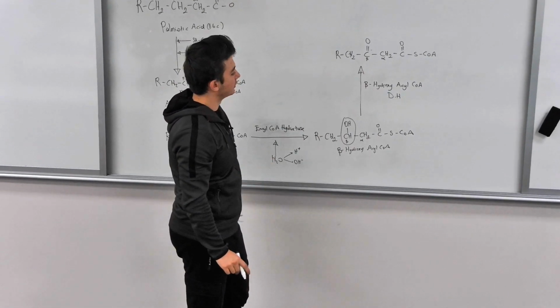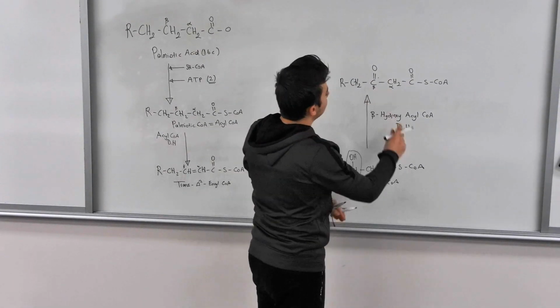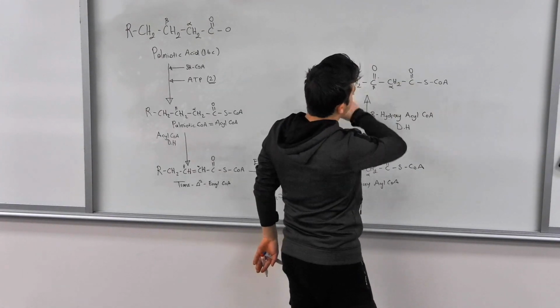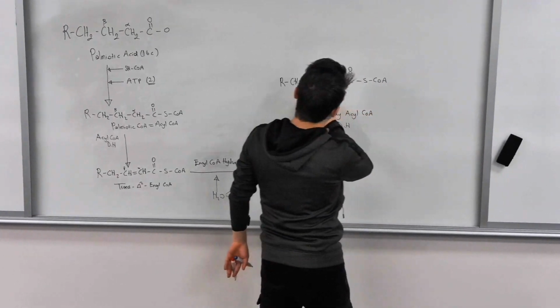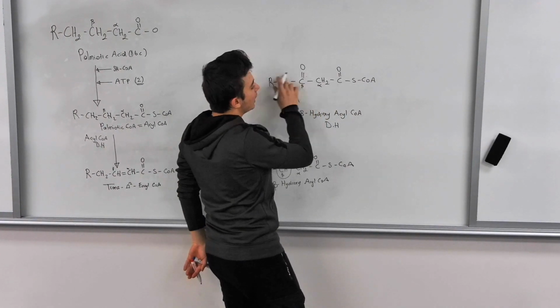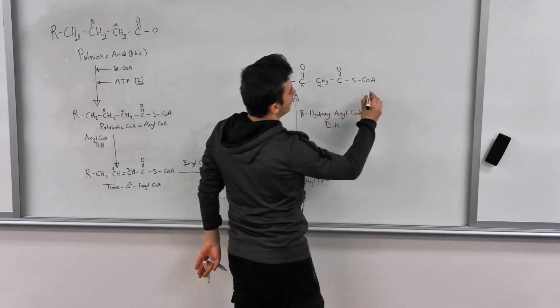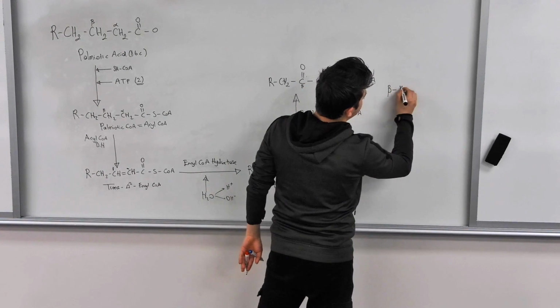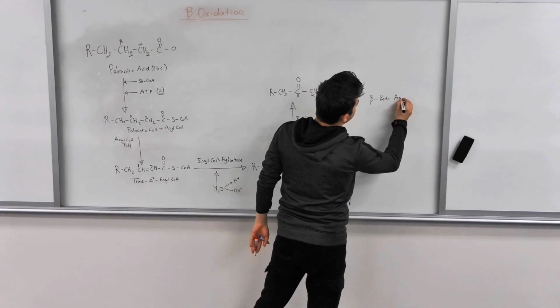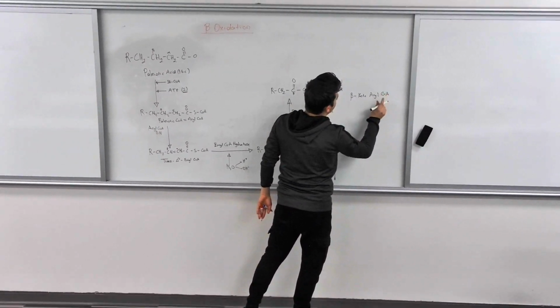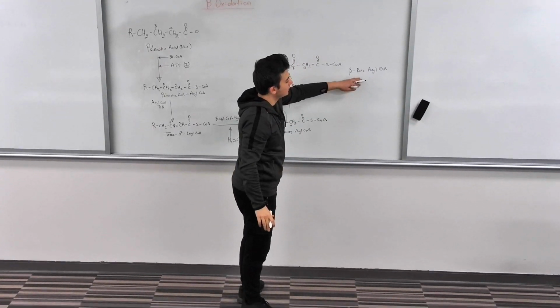You got this point, right? Okay. And the name of this molecule is beta ketoacyl coenzyme A. That is the name of this molecule.